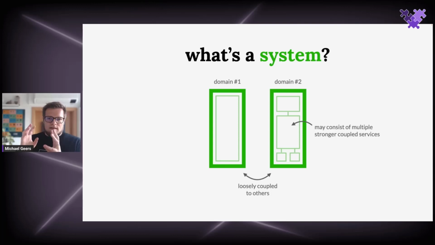And inside of the domain, they can also be coupled, so that the front-end only talks to this back-end and doesn't have a documented generic interface, for example, because it's not relevant to others. But between the systems, we try to do as loose a coupling as possible to ensure that these systems can be deployed individually, for example.